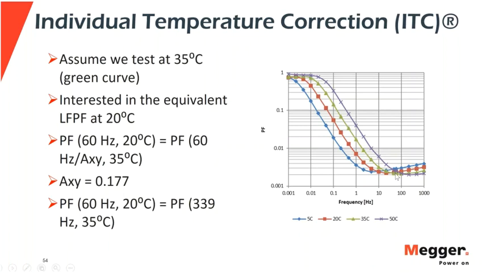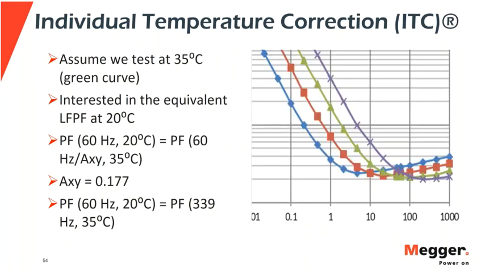Again, you have to go to 339 hertz, and that will reveal your equivalent 60 hertz power factor at 20 degrees C. So the curves themselves tell you what that value is at 339 hertz. That's not a calculated value. That's yielded by the measurement. So this actually works in every single case.